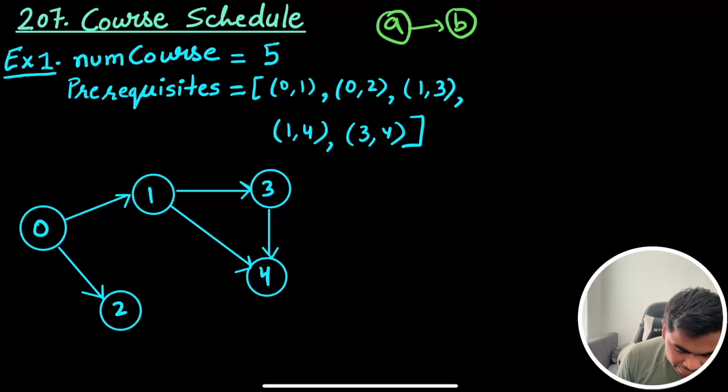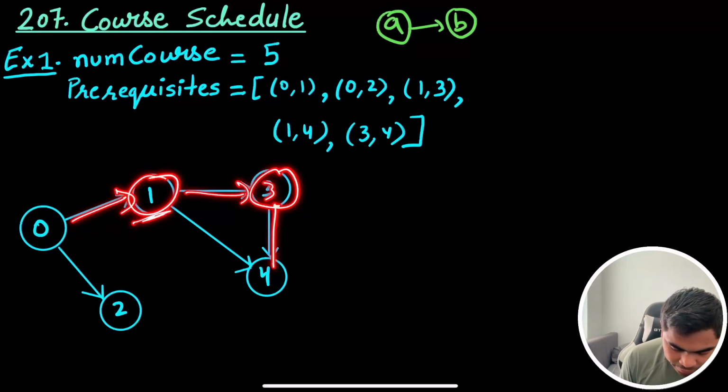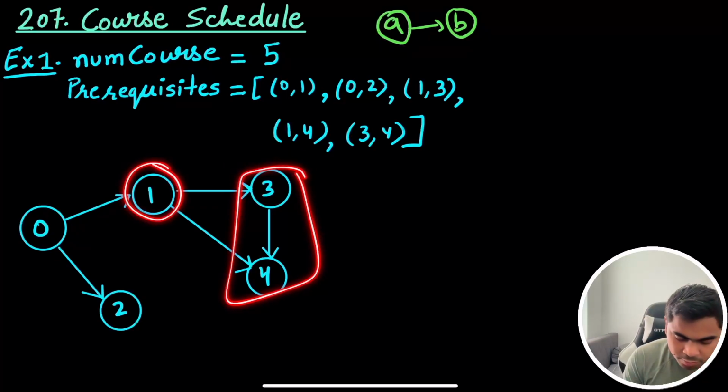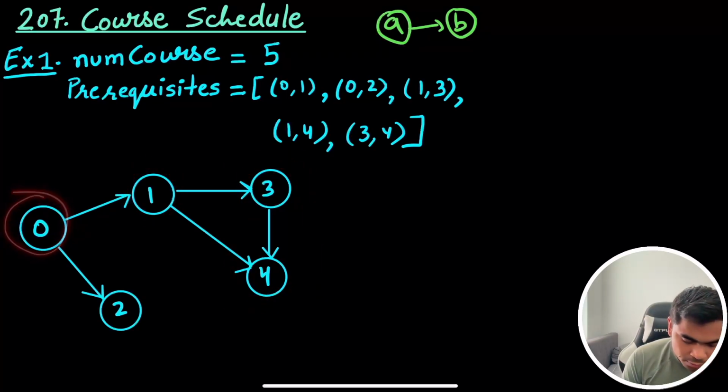In prerequisites we have 0 and 1, so in order to take 0 we have to take 1. In order to take 1 we have to take course 3. In order to take 3 you have to take 4, and in order to take 1 you also have to take 4. So you have to take course 4, then you can take course 3. Because you have already taken both of these, you can safely take 1, then you can also take 0.